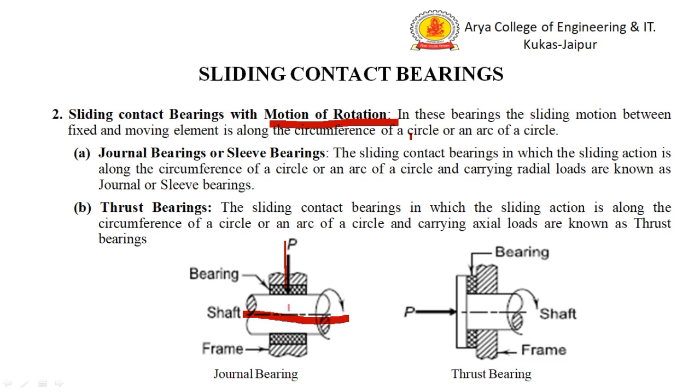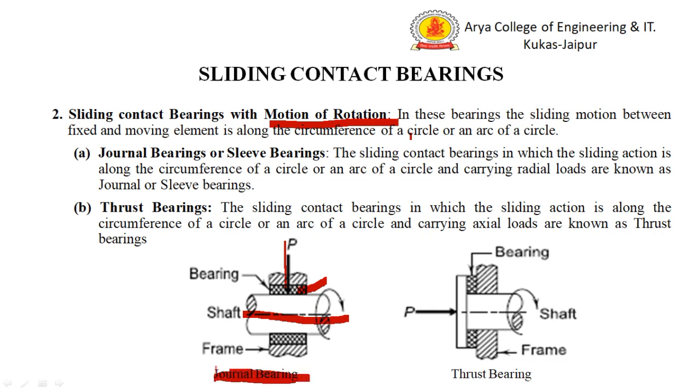This is the shaft and this is the bearing, and sliding takes place along the circumference of the circle. So these bearings are called journal bearing.